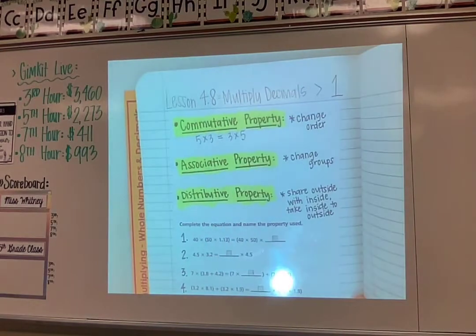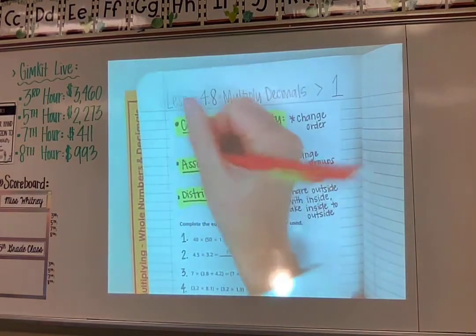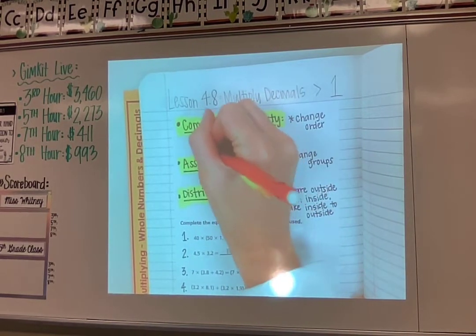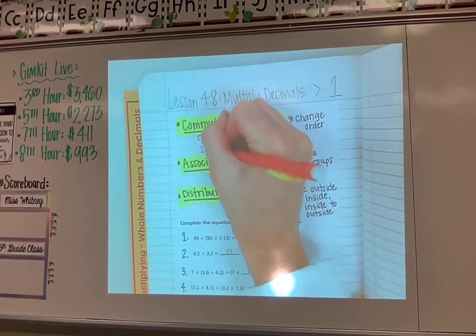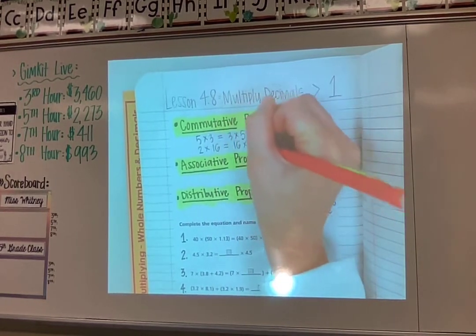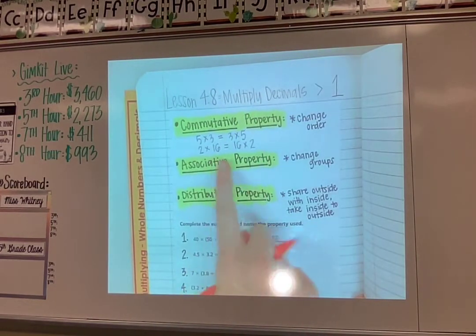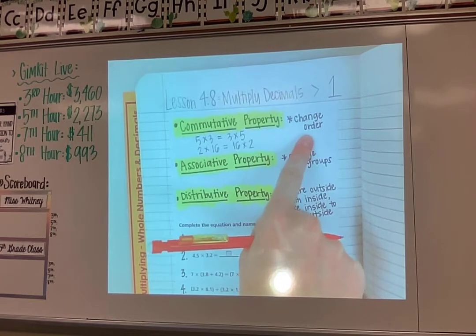You'll notice all I did was change the order, but my answer would be 15 on either side. Another example would be like 2 times 16 is the same as 16 times 2.